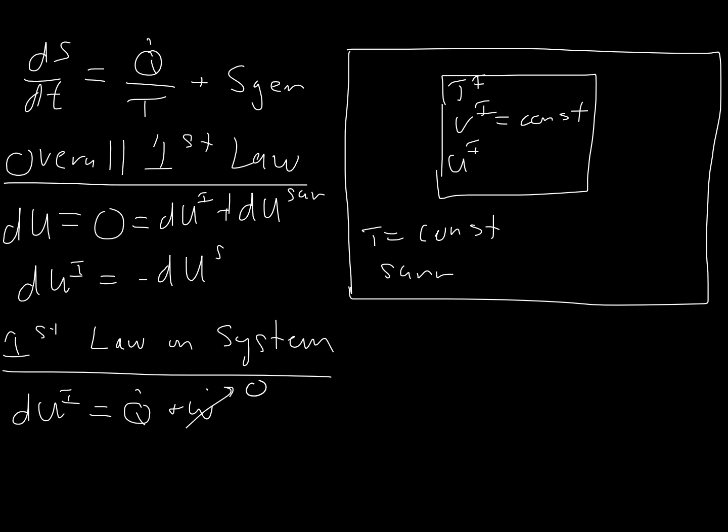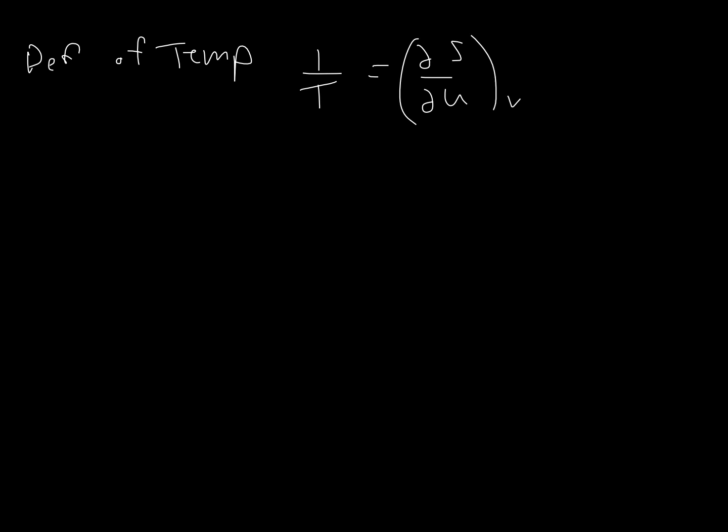Okay, so the next thing we're going to do is rely on the definition of temperature. So the definition of temperature is that 1 over T is equal to dS/dU at constant volume, which is convenient because we're at constant volume.